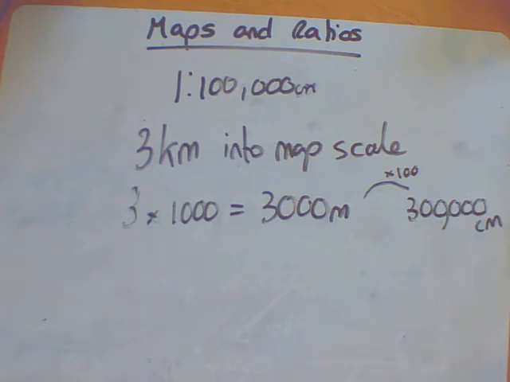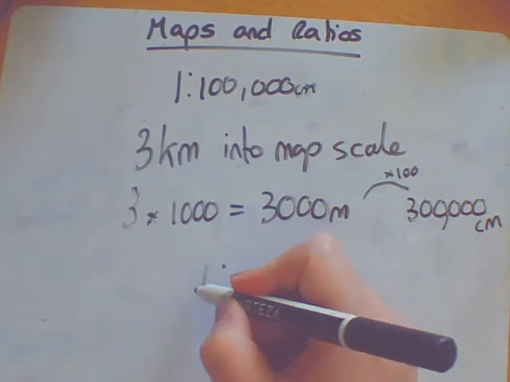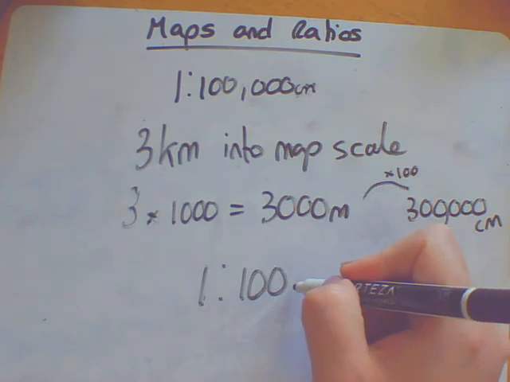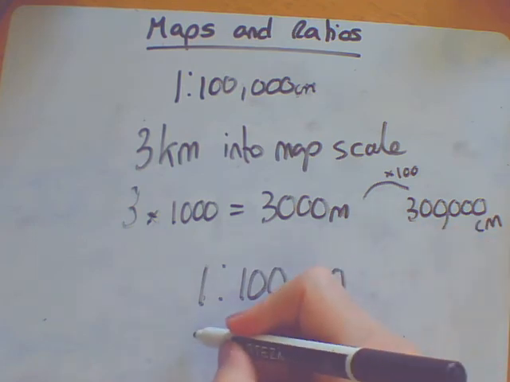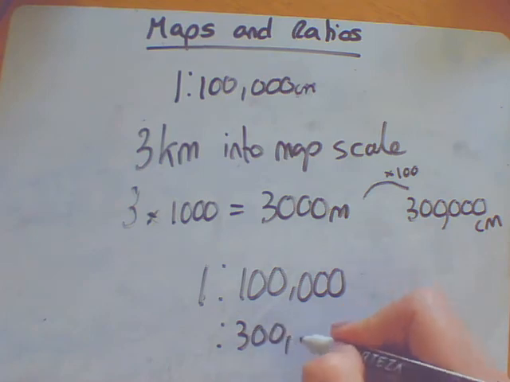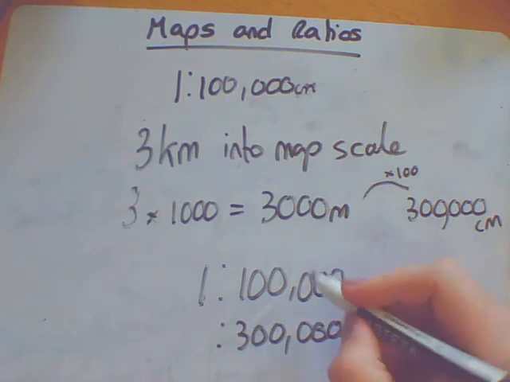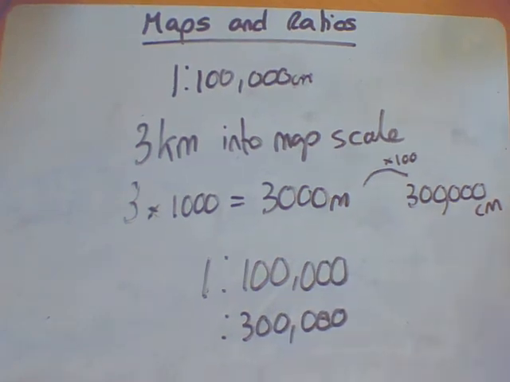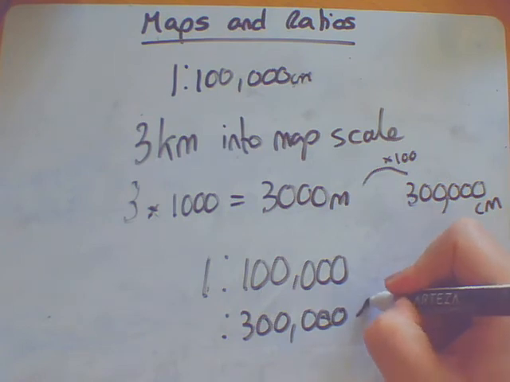Now what we're going to do is the opposite of what we did last time. So we had 1 to 100,000, and this time we've got something to 300,000. Okay, you'll see I've put it underneath this side. How do I turn 300,000?